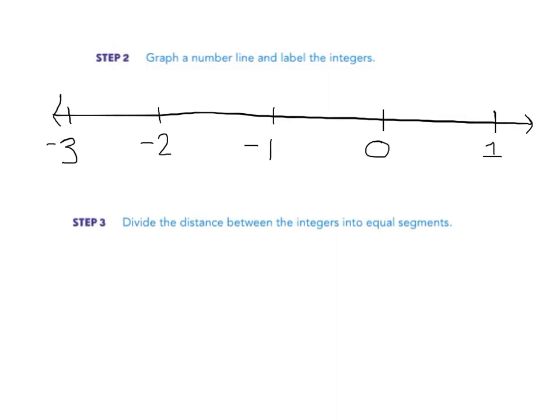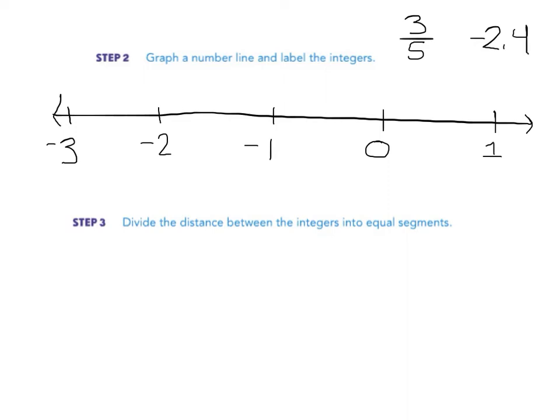My next step, which I'm going to do in blue, is to divide the distance between the integers into equal segments. So before I do that, let's just rewrite the 2 numbers that I'm working with. So I'm working with 3/5 and a negative 2.4.